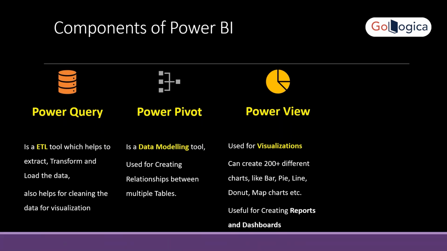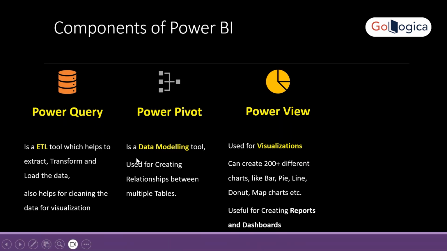But here, let the data be physically present in separate tables, while logically we see it as one single table. That is, we build a relationship between the tables and then create the visuals. That is what Power Pivot helps you with. It is a data modeling tool used for creating relationships between multiple tables.